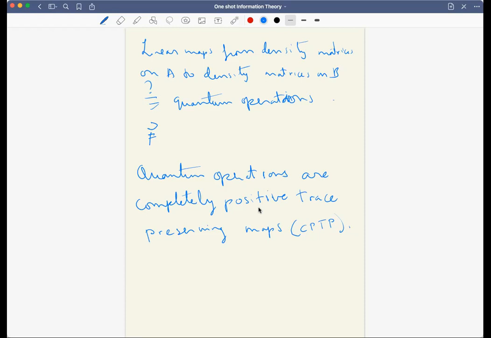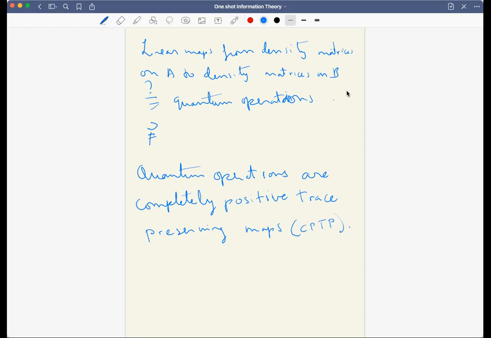So far so good. The catch comes in the word completely. Completely means the following: I take this abstract function from density matrices to density matrices. It's a linear map from density matrices on A to density matrices on B. Now let me take another system C, different from A and B. I can think of density matrices in the joint system AC.